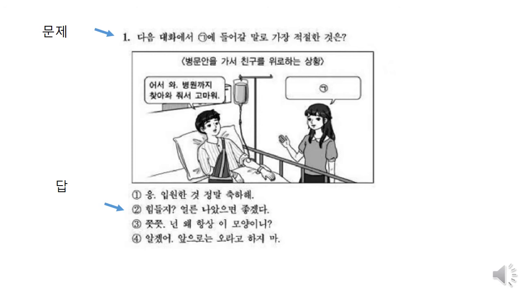Answer number one, number two, number three, number four. You are supposed to pick the right answer. Answer is 답. 답 1번, 2번, 3번, 4번. All these numbers are written on a paper, so Sino numbers are used.